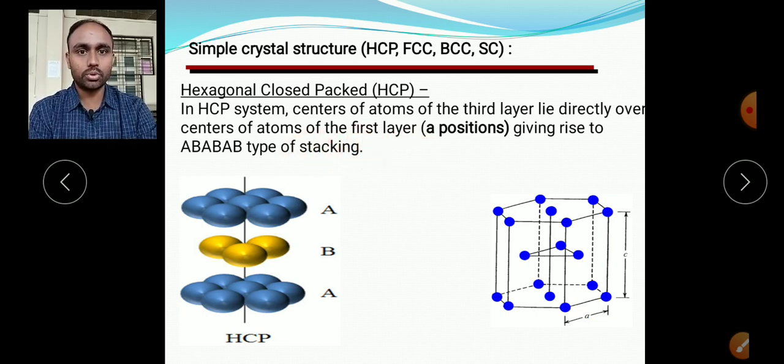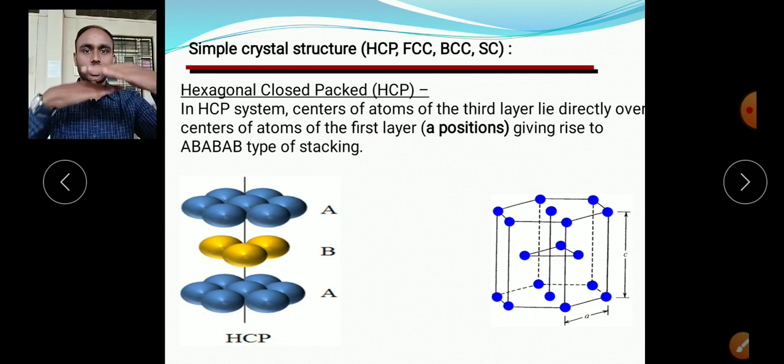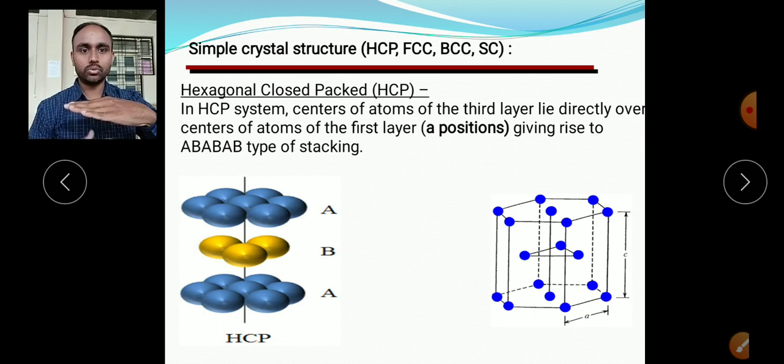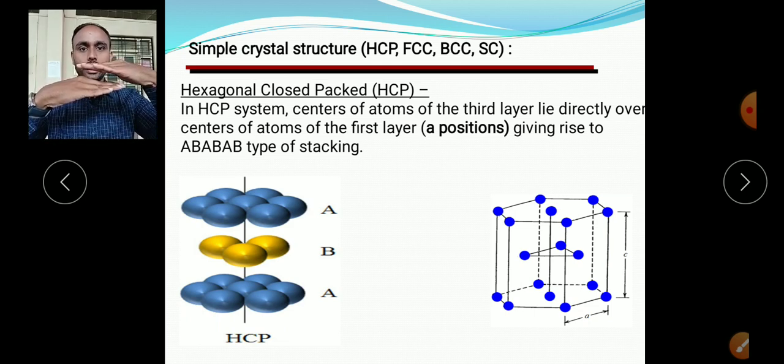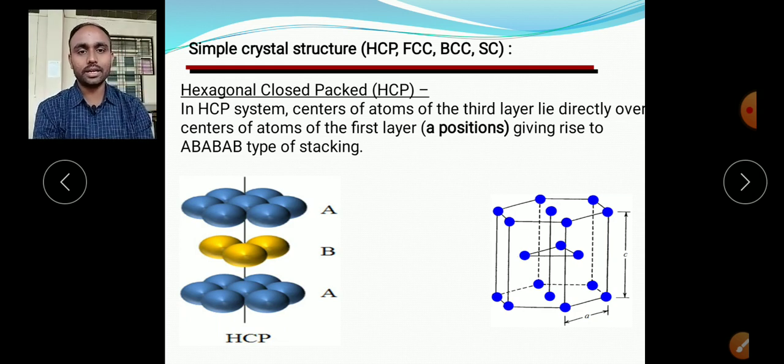That means we have different layers. If we talk about the first layer, the bottom layer, it contains about 7 atoms, then 3 atoms, then 7 atoms. So we call the base A, then in between we have B, then A, then B, likewise. So we call it a stacking like structure. You can see it in the diagram.